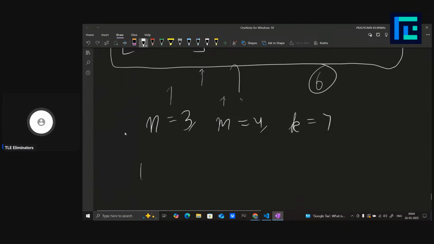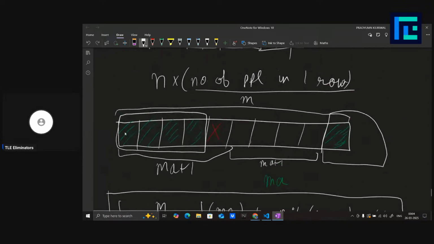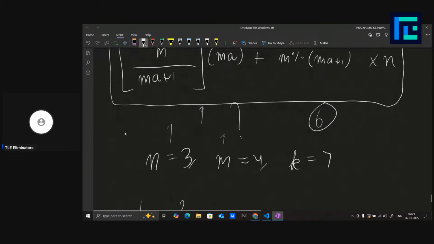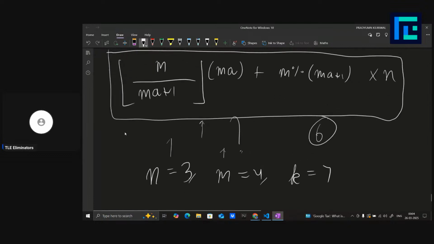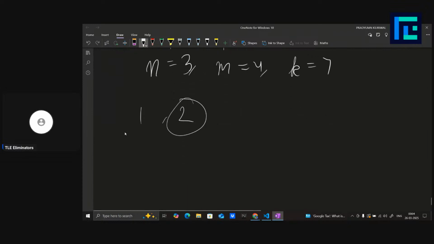Then you check for two bench length. For two, it comes out to be, I think, 9 or something, which is greater than or equal to 7. So you can do it with two bench length.